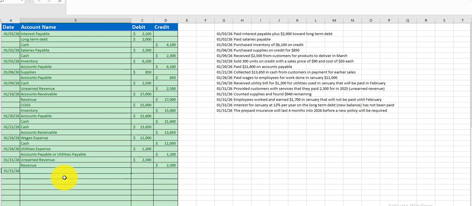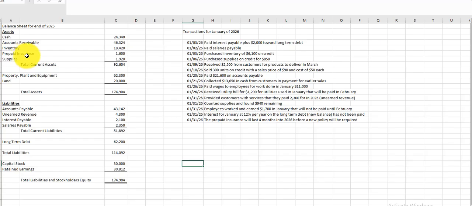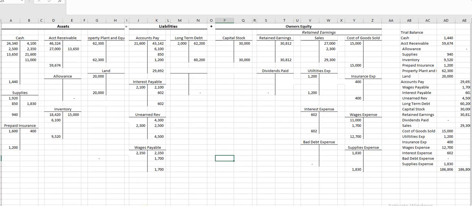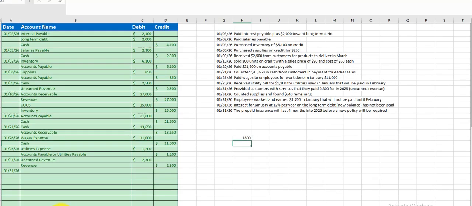Supplies, we counted the supplies and found 940 remaining. Now, here's where we have to get, we bought some supplies, all right, of 850. We had supplies of 1920. So that's 2770. And we have 940 left. So 2740 is how much we have recorded. And then we still have 940, so the rest must have been used. 1800. Wait a minute, let's check our math on that.